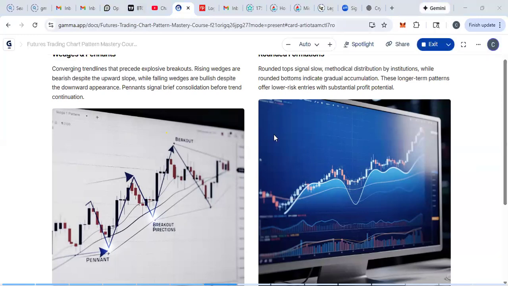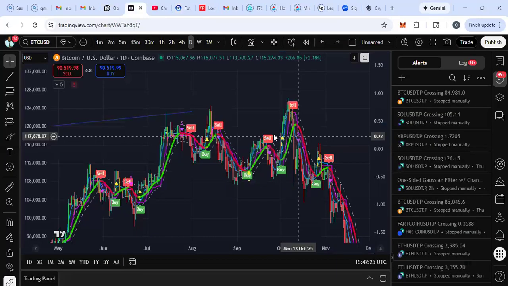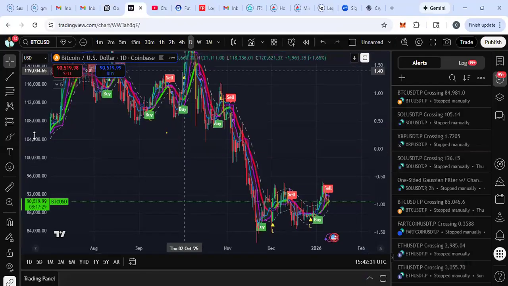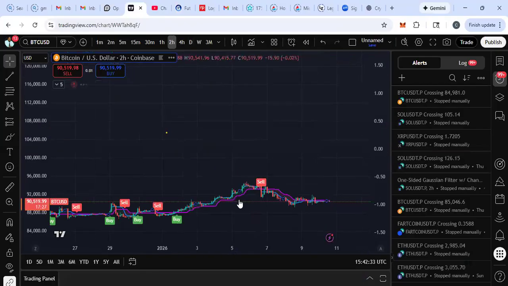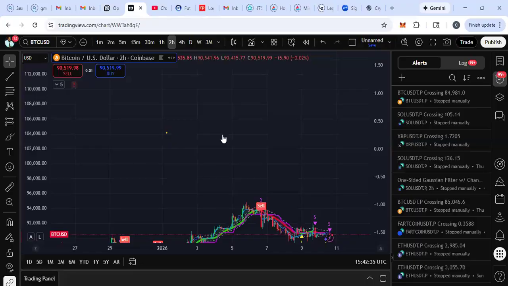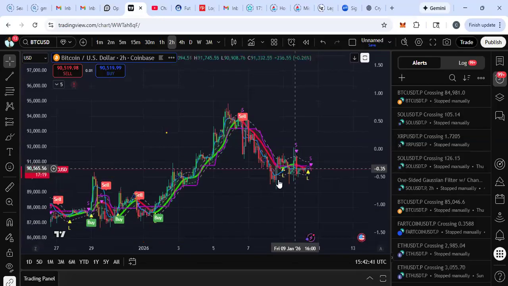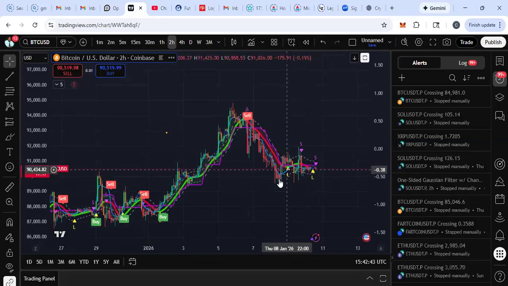All right, let's go to it right here. Bitcoin is actually rallying back up right now. I want to go to the 2 hour chart. Let's say Bitcoin right now is at a short, and I see Bitcoin tanking down to this last demand here.